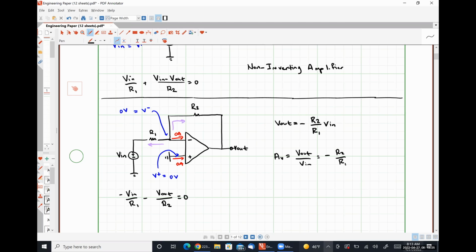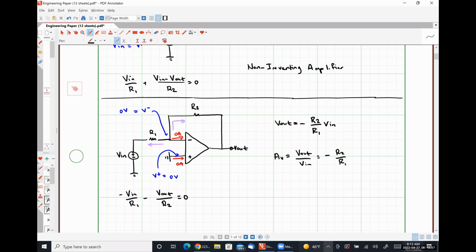This particular amplifier can make signals smaller, so it can provide attenuation, or it can make signals larger, providing amplification. But I would say the trade-off here is that it can only do it while inverting the polarity of the input signal.